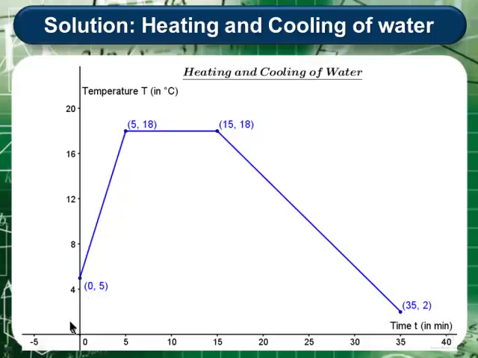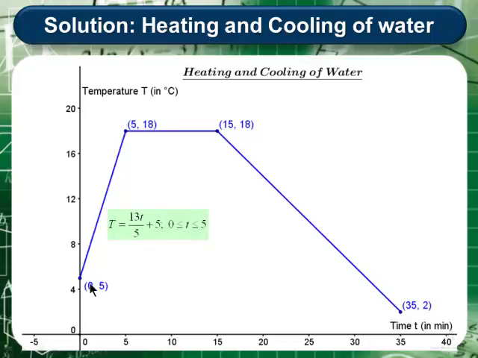Note on the horizontal axis, I put the time, and on the vertical axis, the temperature, because temperature depends on the time here. So now we assume a linear nature, right? So we get a straight line, and they tell us that after 5 minutes, it reaches room temperature of 18 degrees Celsius. So we have this particular straight line.